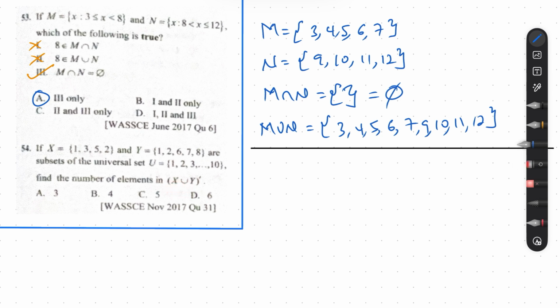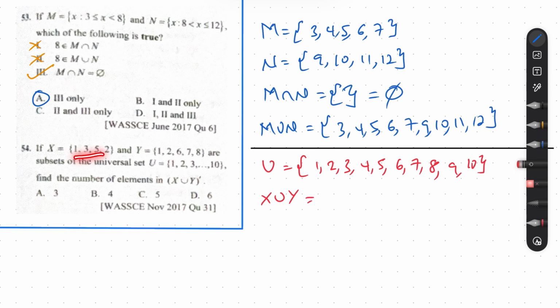Let's write down the universal set. The universal set is 1, 2, 3, 4, 5, 6, 7, 8, 9, 10. That's the universal set. So now we need to find X union Y. X union Y means everything in X and everything in Y together.